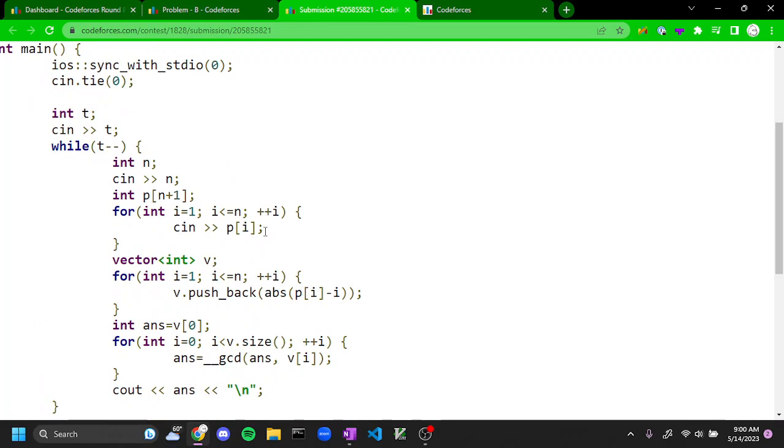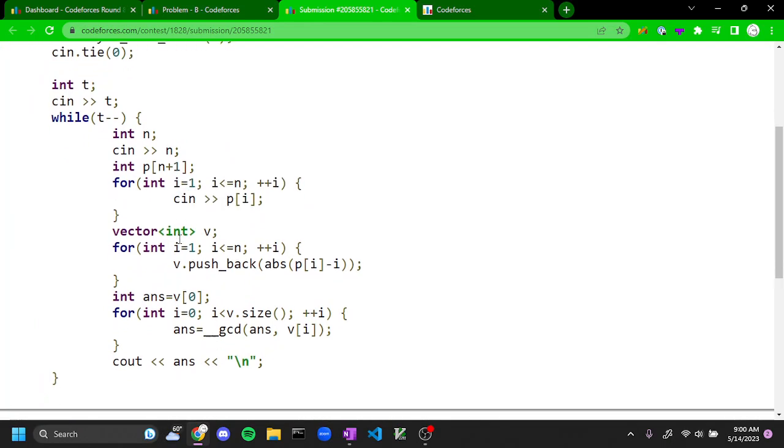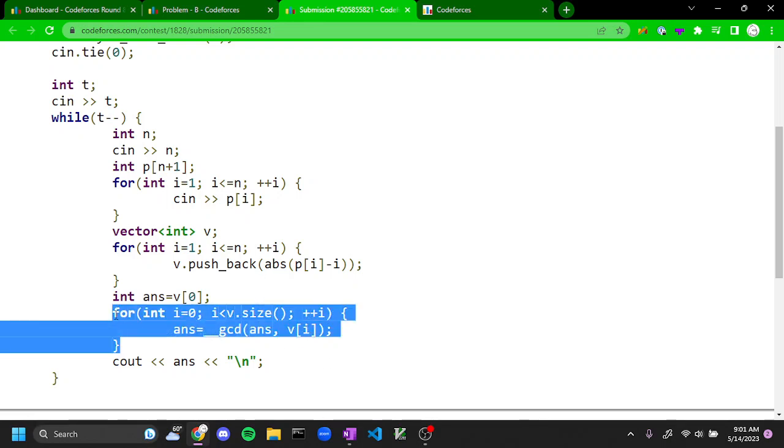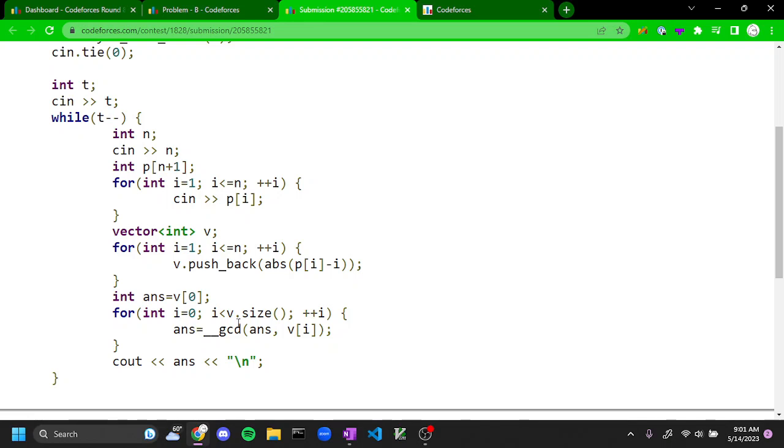So I input the permutations, and then I create a vector, and using the vector, I push back the distances from each permutation to its respective index that it's supposed to be in. And then for each element of the vector, I check the greatest common divisor.